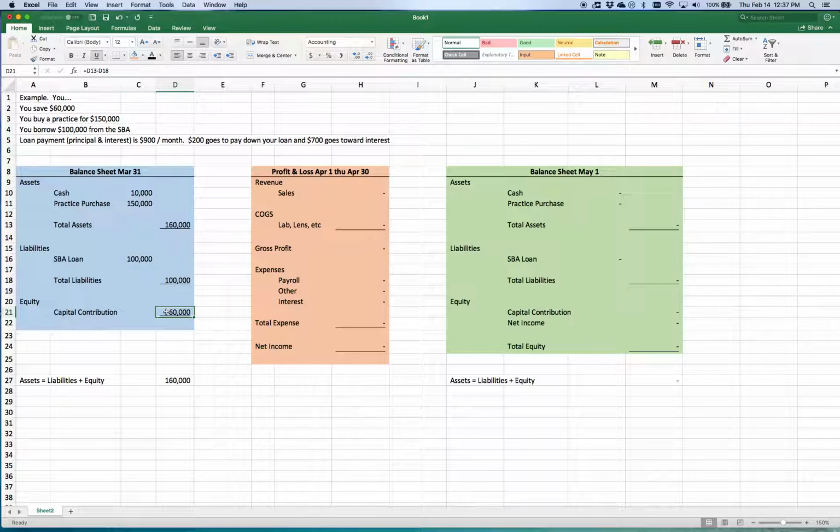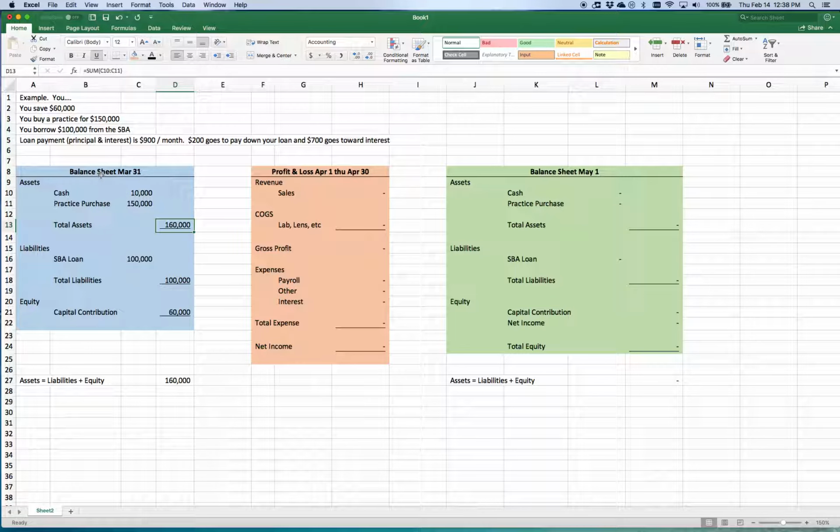That $60,000 is basically the $50,000 that went to the seller, and also you still have another $10,000 here in cash. So when you're looking at a balance sheet, you need to understand that assets always equal the liabilities plus the equity. We have that here. Here are your liabilities, and here is your equity, which is $160,000. We can see that equals the total amount of the assets.